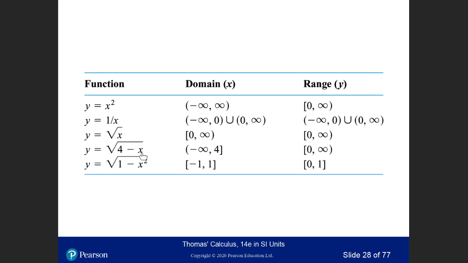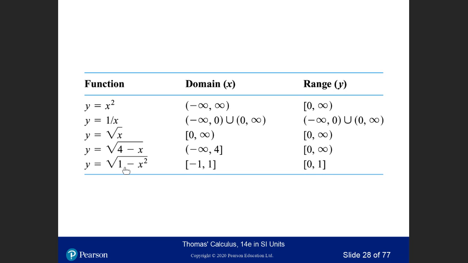For all values of x less than 4, this function is defined because 4 minus x is then a positive number. So the domain is minus infinity to 4. The range is again 0 to infinity because we're talking about the positive square root.